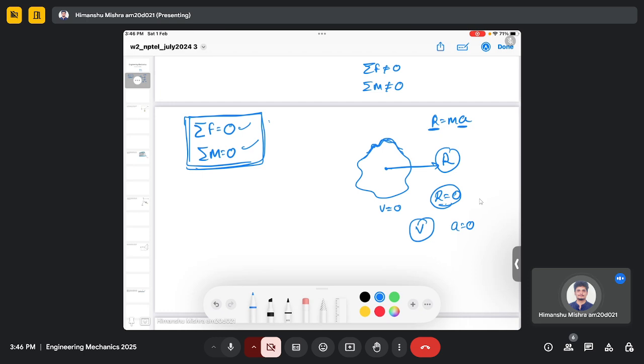So basically if R is 0, the acceleration will also be 0. If the body is moving with velocity v, it will always keep moving with this velocity because acceleration is just the change of velocity in time. If my acceleration is 0, my change in the velocity is also 0.